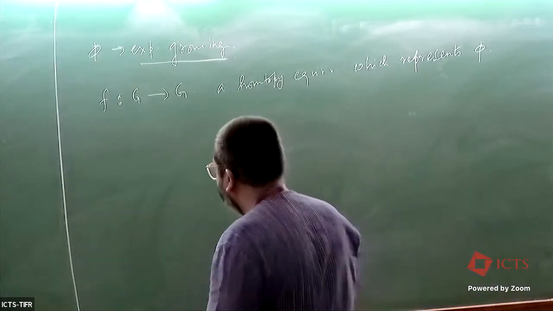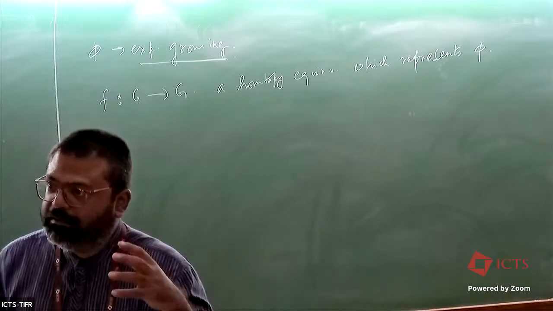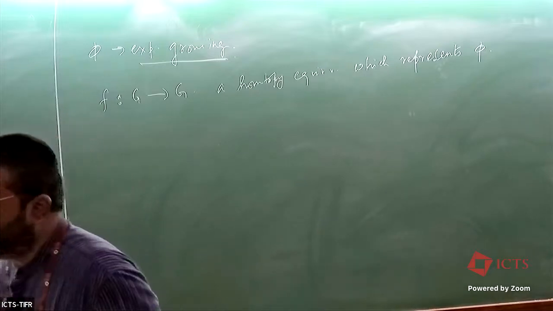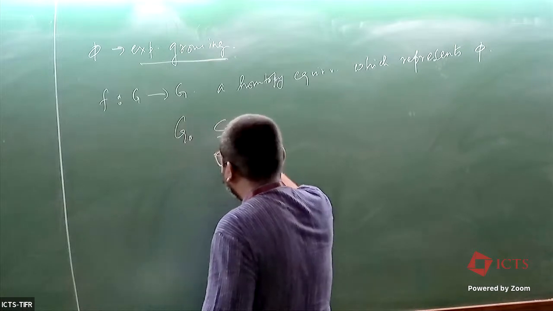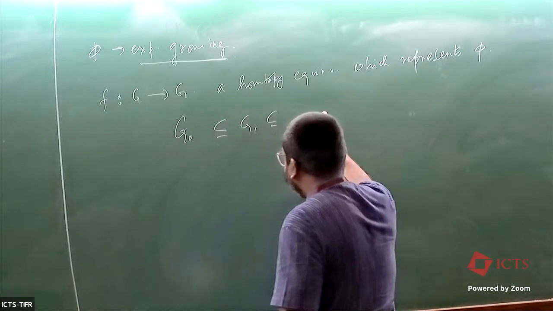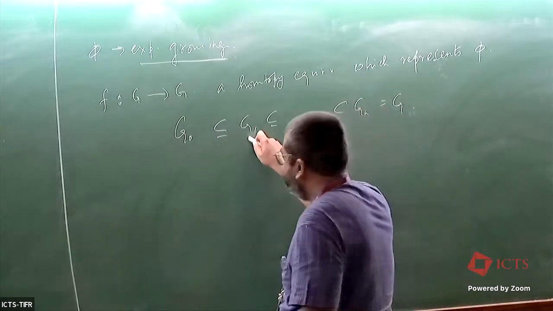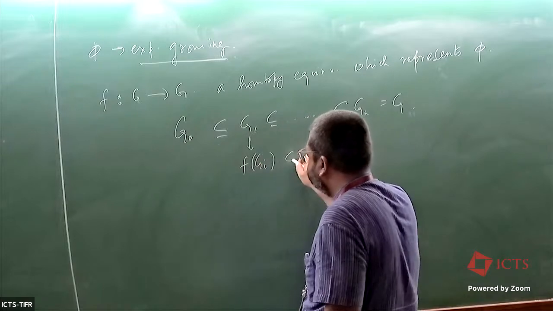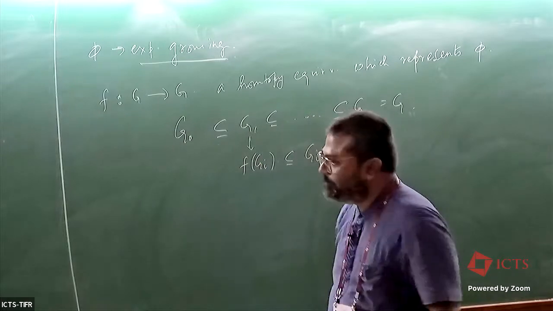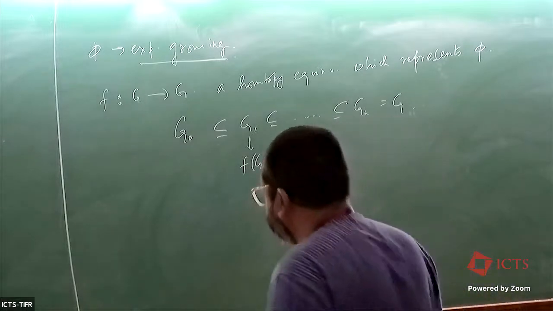Because you are assuming that they need not be fully reducible, there are possibly some invariant free factors here, right? So you have a filtration like this, where each filtration element is invariant.